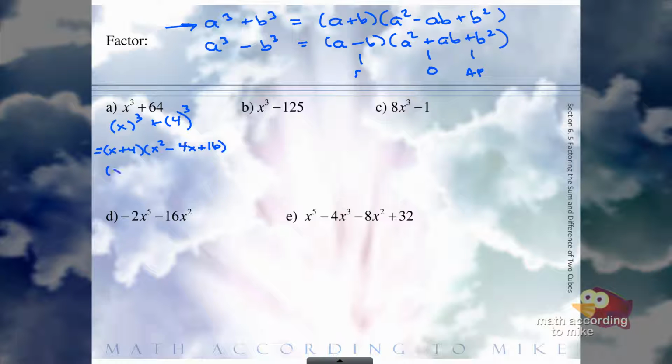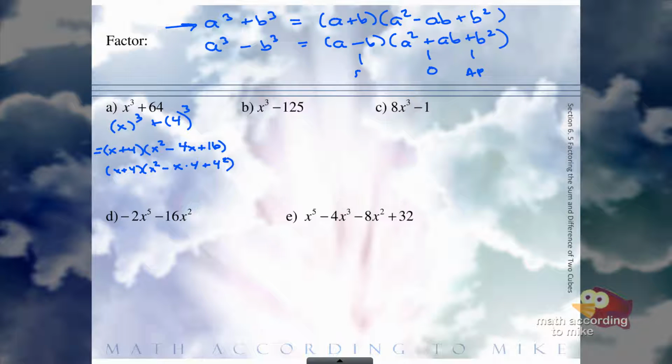So again, if I were to write it out without cleaning it up to make it look like the formula, that's what that would look like. I'm just going to go right to the cleanup stage. So again, in part A, what cubed was x cubed? X, so that means x is A. And what cubed is 64? 4, so that means 4 is B.